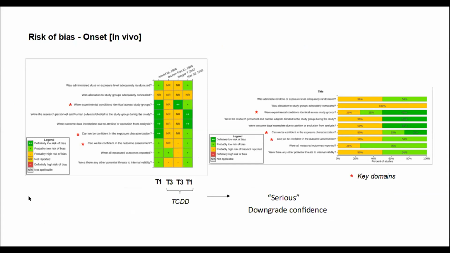So for the primary outcomes, we moved to the framework to evaluate the risk of bias, considering the NTP OHAT tool adapted to a specific research question, where we classify the entire approach in different levels of risk of bias. We consider serious risk of bias in the case of onset, because some studies lacked reporting of very important information and were classified in the lower tier.